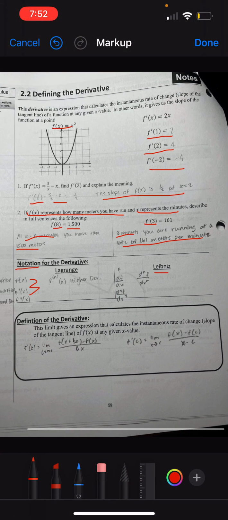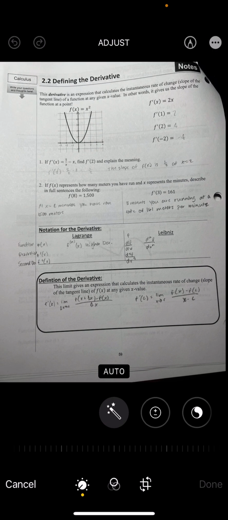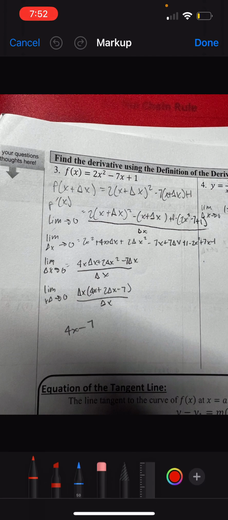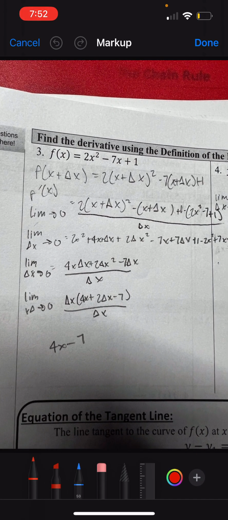And then yeah, so a practice problem, we have this, right? So we have to find the derivative using the definition, the equation that we just saw. So this is our problem. So we plug it into this equation, right?